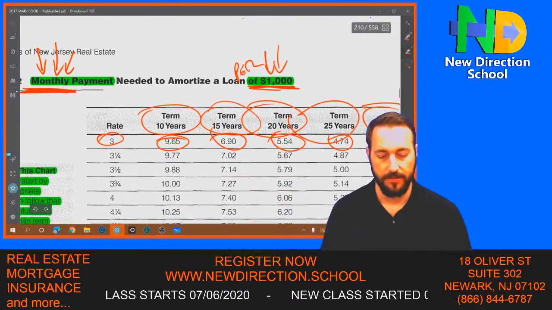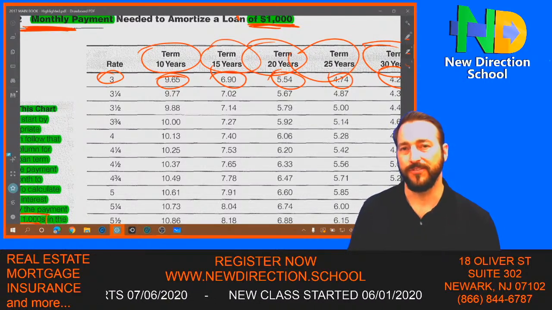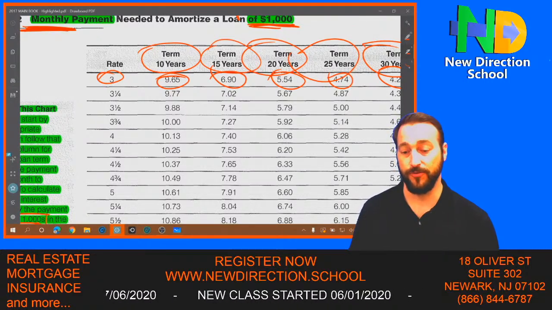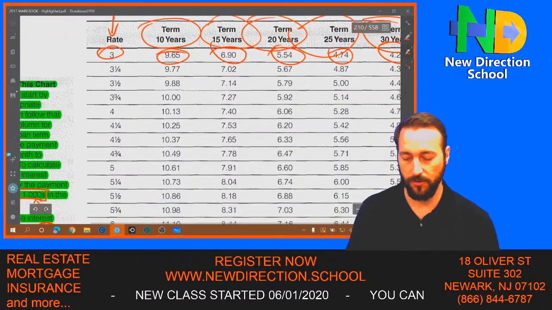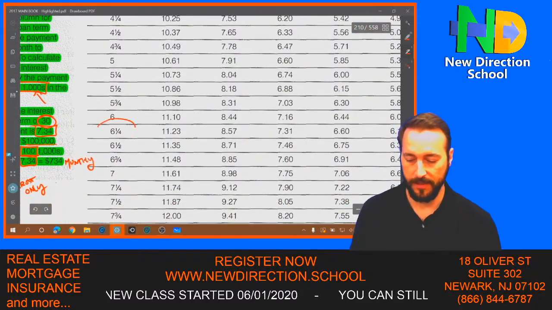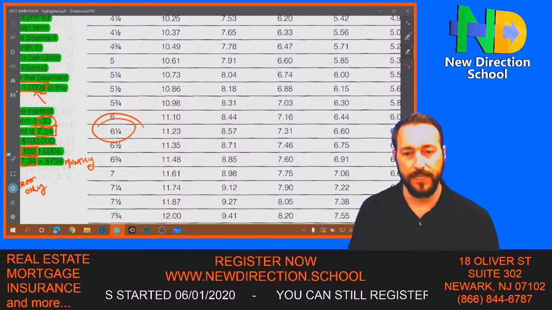I told you in this example that the interest rate was 6 1/4. The interest rate is the very first column, so we go all the way to 6 1/4. Here it is.